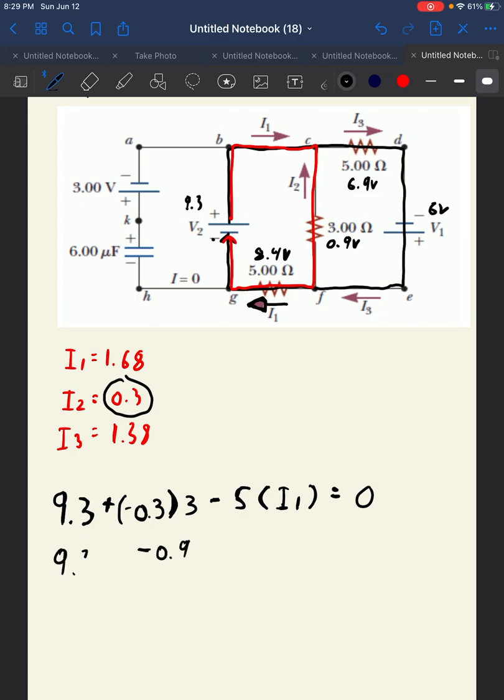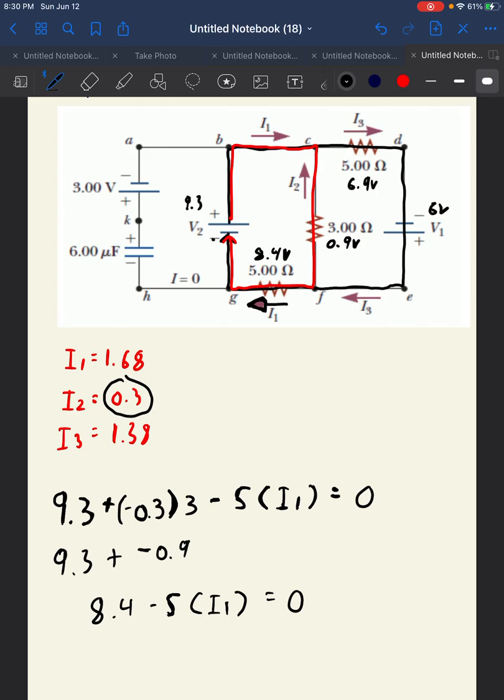This is 9.3 plus negative 0.9, which gives you 8.4 minus 5 times I1 equals 0.